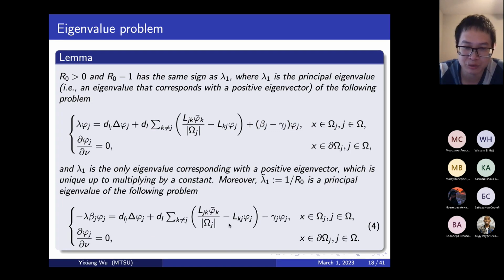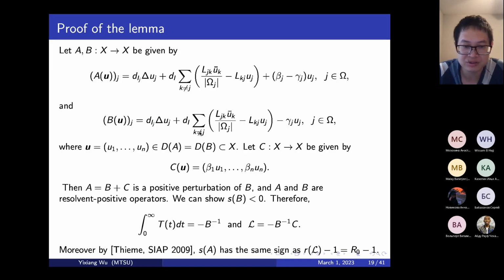Get equation 4. Well, why is the eigenvalue of equation 4 related to the previous eigenvalue problem? Well, this is by the result in this paper.